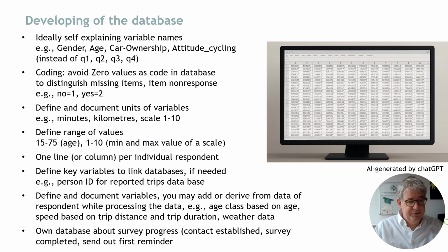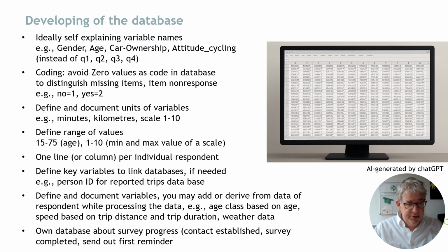So best you use just gender for gender, age for age, and so forth, instead of Q1, Q2, Q3, Q4, because if some other person is opening the database, he will struggle with that coding, or even yourself. If you open it some years later, you will be happy to find self-explaining variable names.